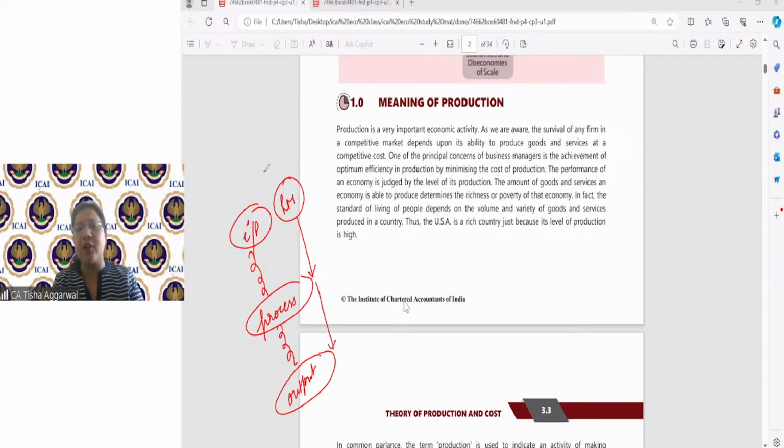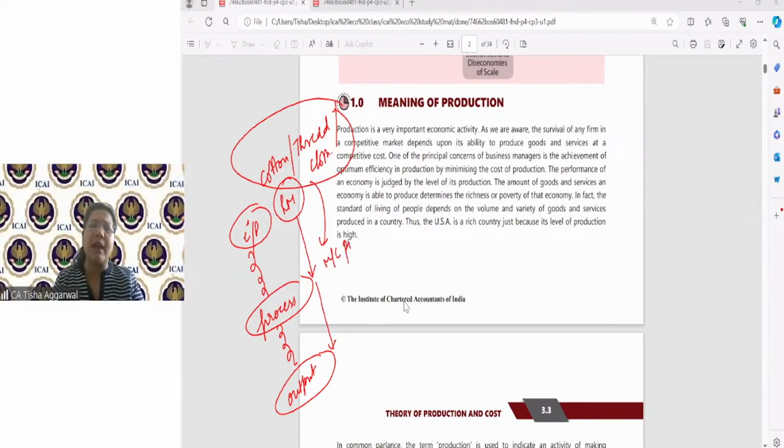For example, cotton or thread or cloth is the raw material or the input. Then you put in machine power, for example the hand loom or the power loom, plus other things, and then you give the output, that is the t-shirt.